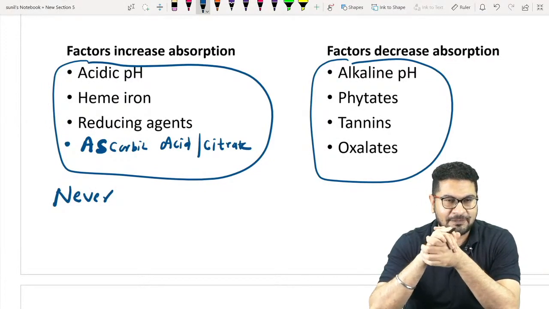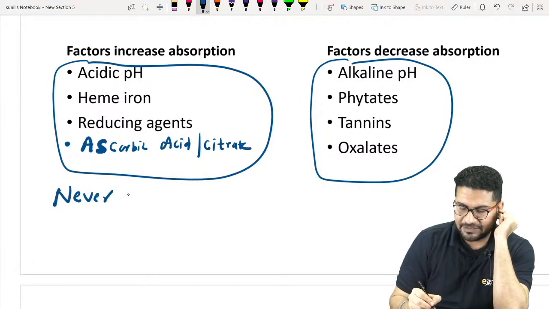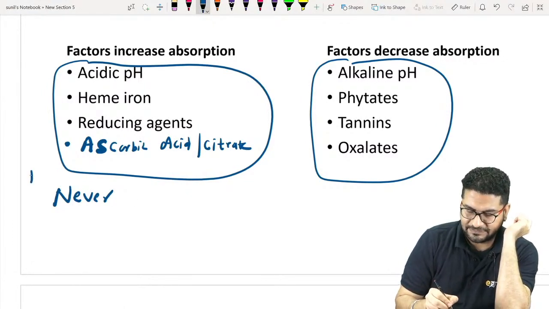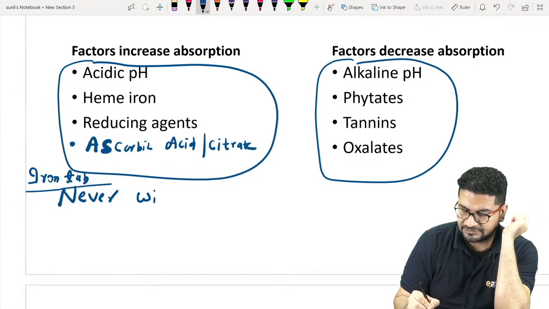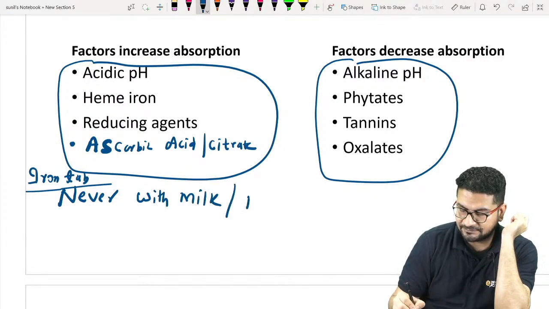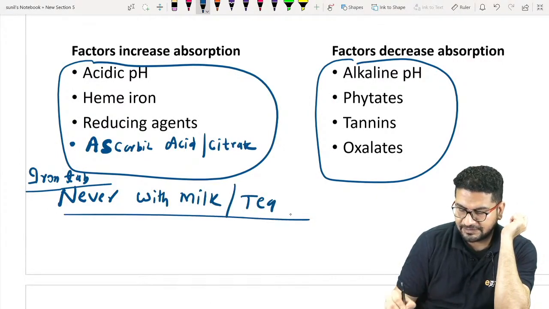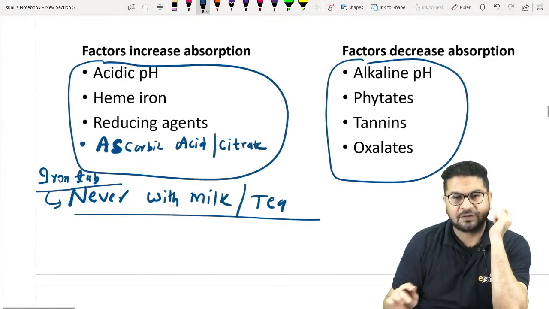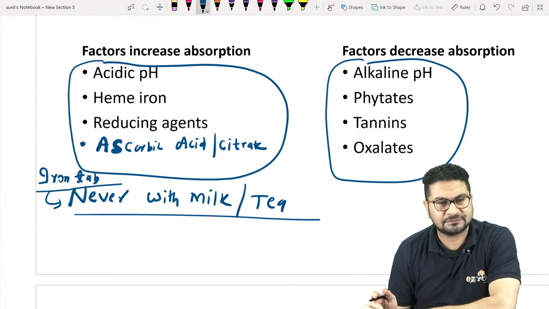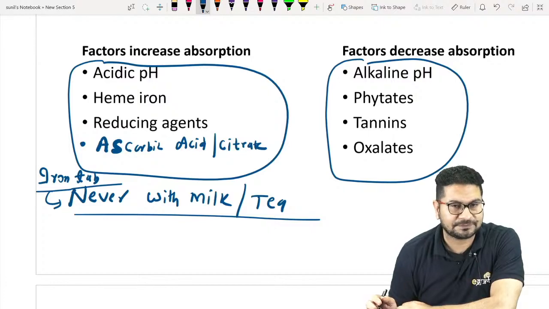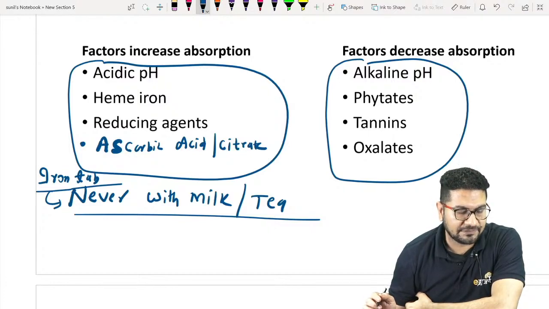An iron tablet or iron capsule should never be taken with milk or tea. If you are taking milk tea, coffee, or milk, it will decrease iron absorption.